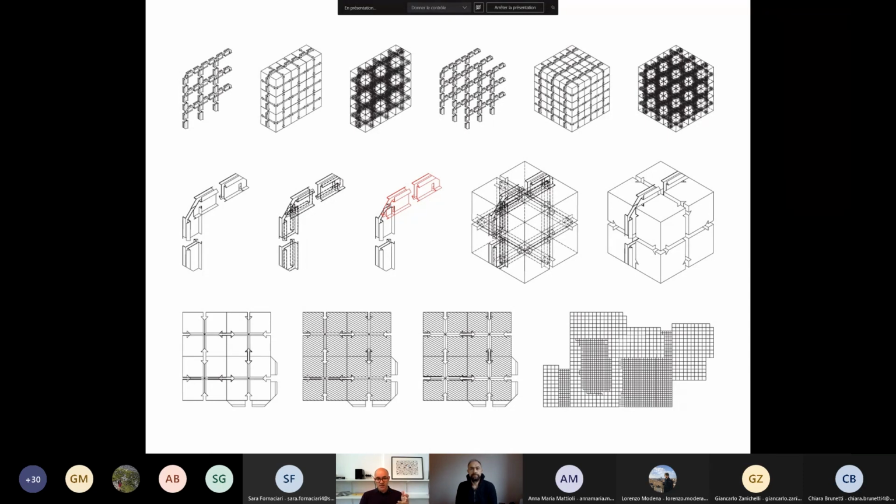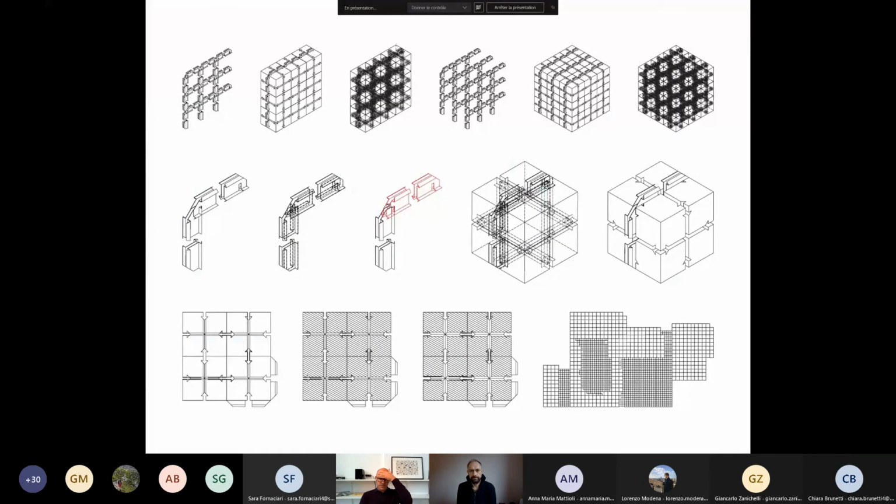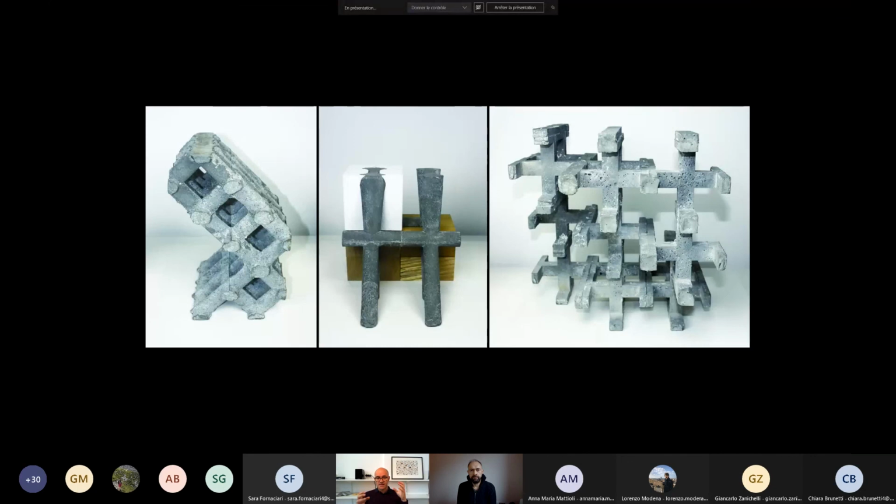Another project is based on that. I said, okay, those cubes are fine, but ultimately, if you assemble thousands and thousands of cubes, because of the tolerance, you might end up with something which is not exactly as stiff as what you want.